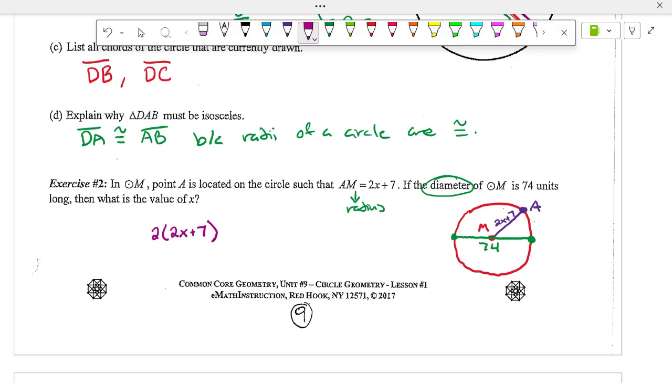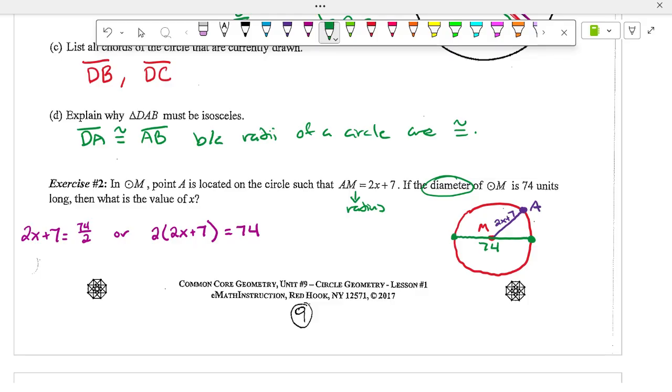You can either set it up as 2 times 2x plus 7 is equal to 74, or you could set it up as 2x plus 7 is equal to 74 divided by 2. Either way. This one's not too bad because they actually gave you a whole number for the diameter. Whichever one we solve, it doesn't matter. You should get the same thing.